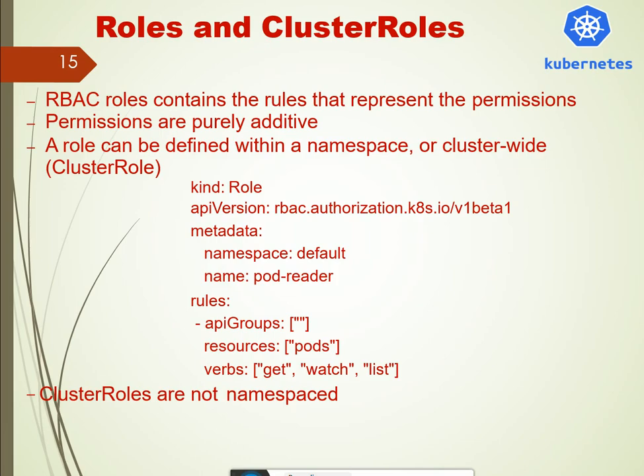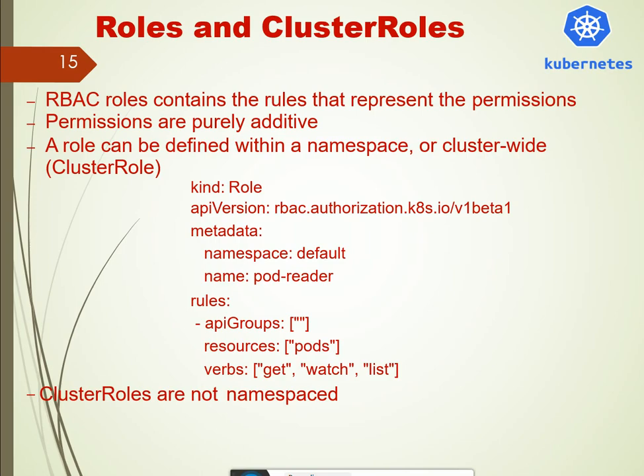A role can be defined within a namespace or cluster-wide, and cluster roles are not namespaced. So here is like kind role, API version, and the metadata, and then rules. So these kind of things.